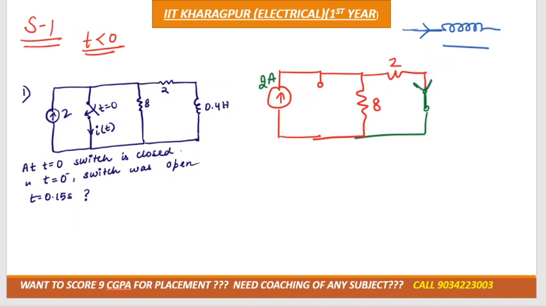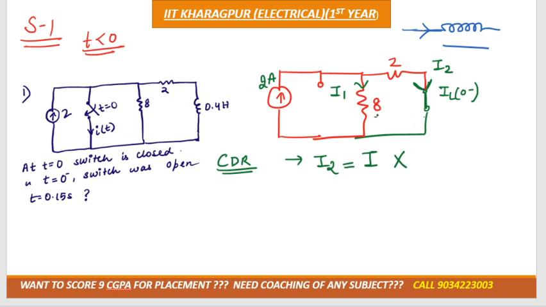So we need to calculate the current across 2 ohm, that would be IL of 0 minus. So simply we can apply current division rule, right? CDR. Let us consider this one would be I1, this one would be I2. So I2 is equal to the total current multiplied by the opposite branch in which we need to calculate the resistance.